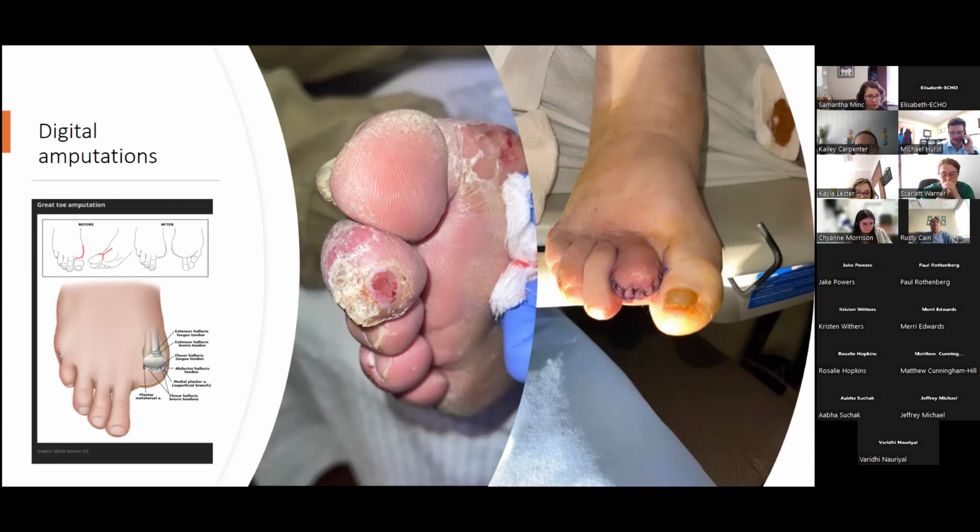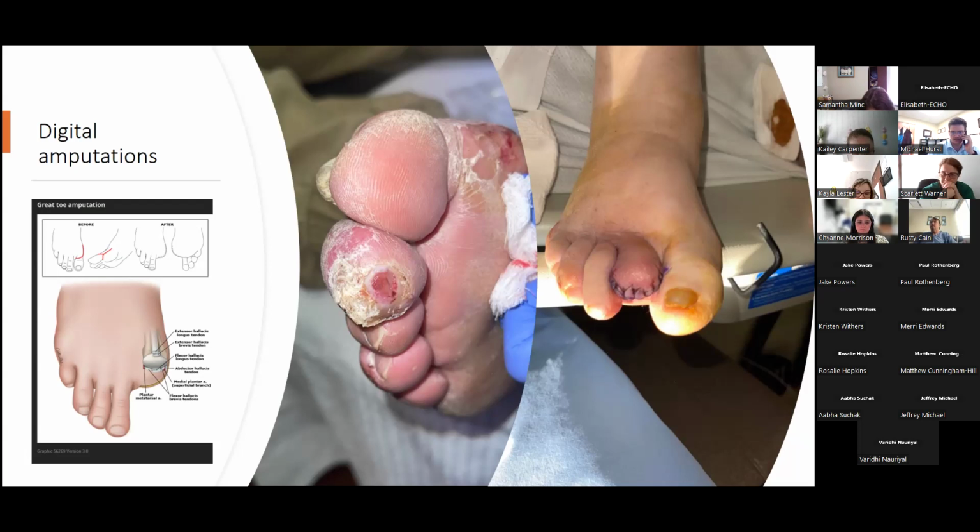Obviously, prior to this, if he did not have an infection in there, we would try something else, like a flexor tenotomy or offloading, to try to get him healed. But once they have developed the osteomyelitis in that distal phalanx, and the patient was agreeable to it because he had been dealing with it for so long, we removed the distal part of the toe. He still has the toe, keeping everything else in line, and was able to go on and heal well.